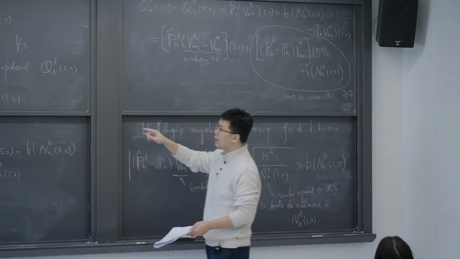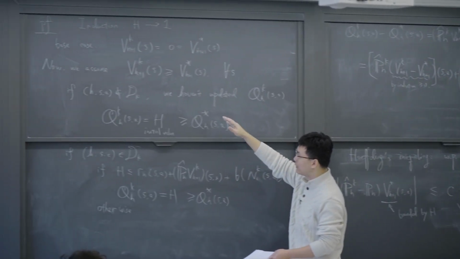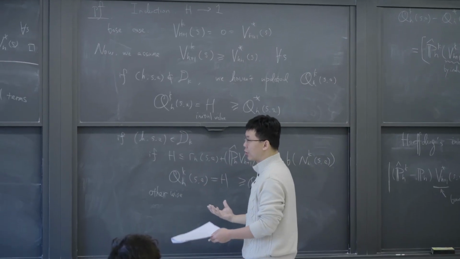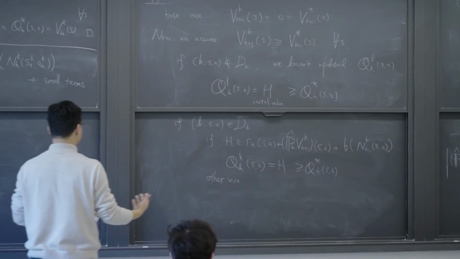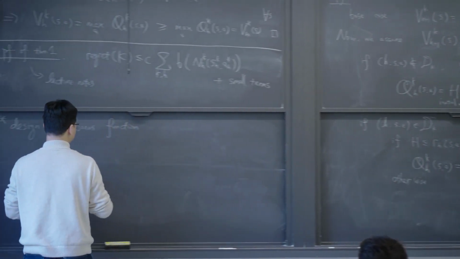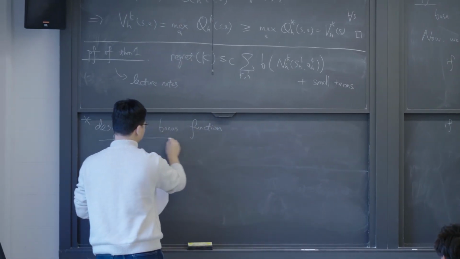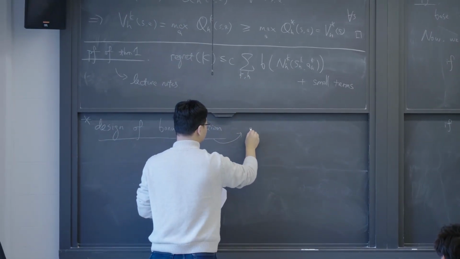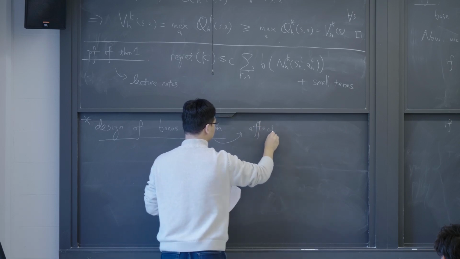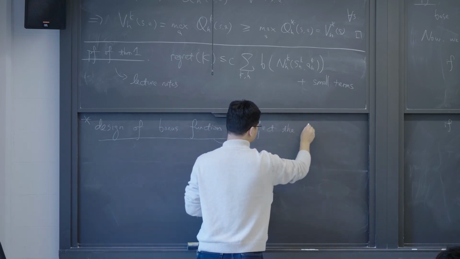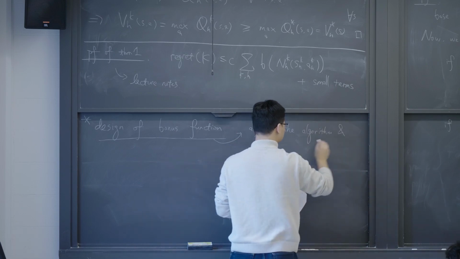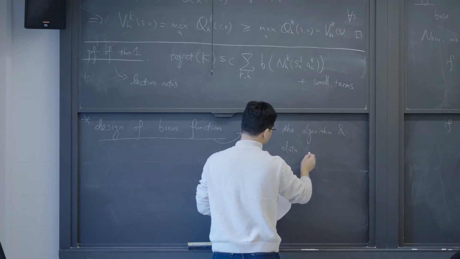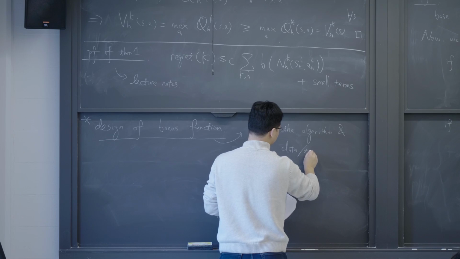In the algorithm, we explicitly need to add a bonus to the value, and then we collect data according to the greedy policy computed by this upper bound on the value. So the design of the bonus function affects the algorithm and the data, or trajectory, we collect.